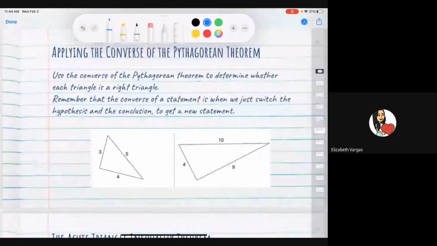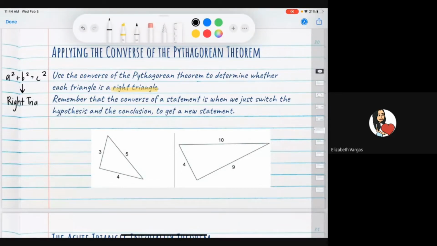So here we've used the converse of the Pythagorean theorem to determine whether each triangle is a right triangle. So we're trying to determine that we can use the Pythagorean theorem to prove that that triangle is a right triangle. Okay?